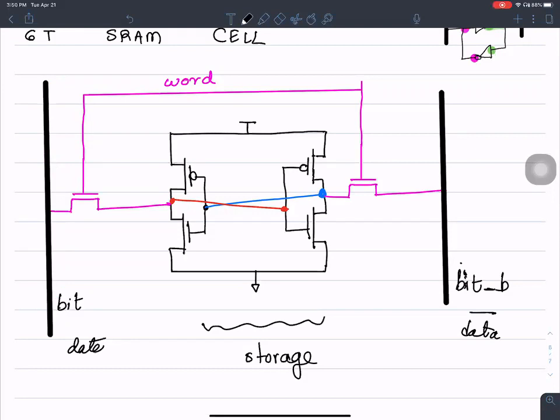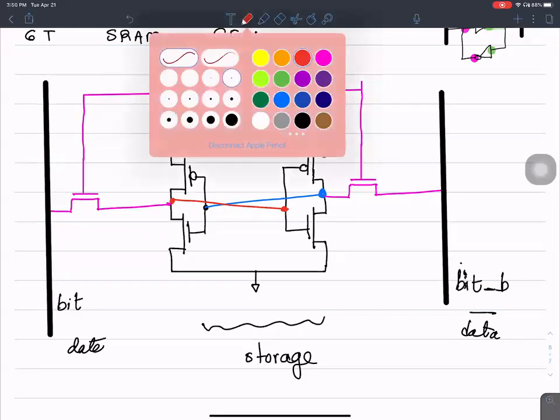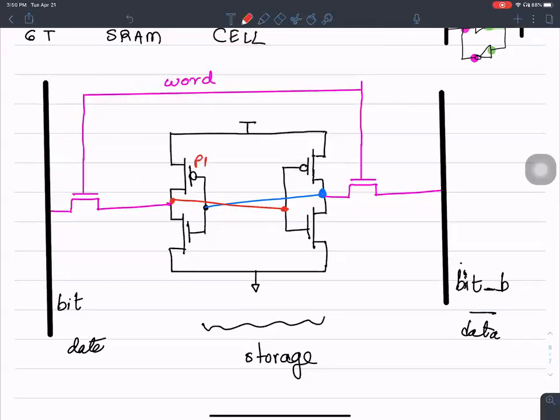Let me see, array subsystems, SRAM. This is called P1, PMOS one. This is called P2.